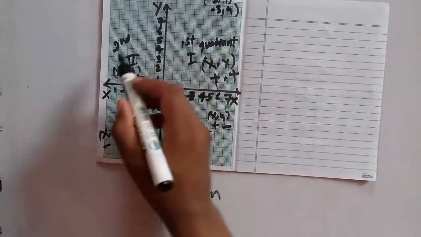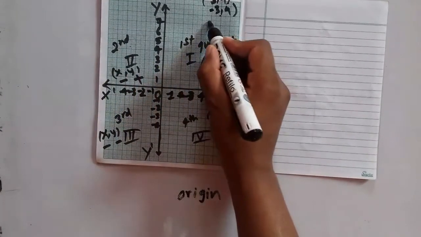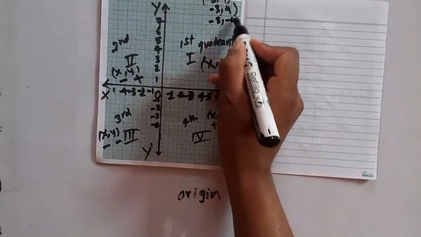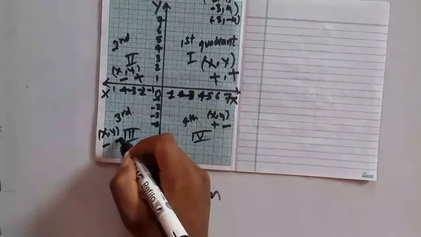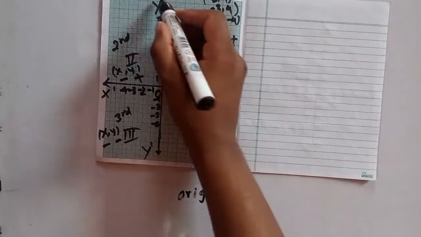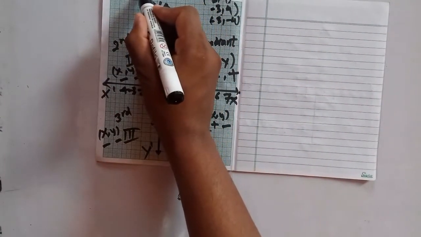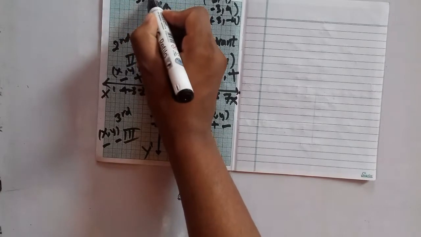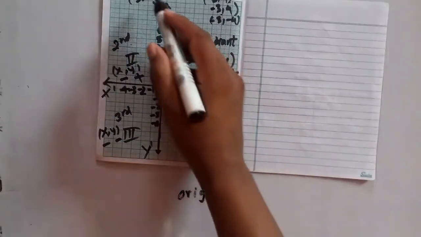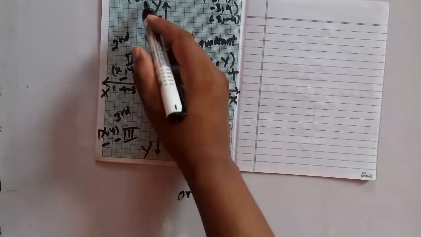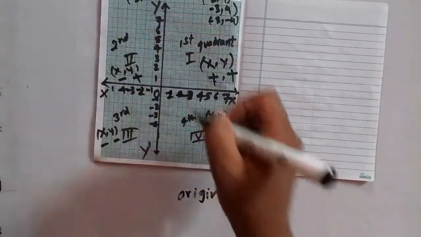So this point lies in second quadrant. Similarly, (-3, -4), if we have to plot this, this will lie in third quadrant. And (3, -4), X positive and Y negative, will lie in fourth quadrant.